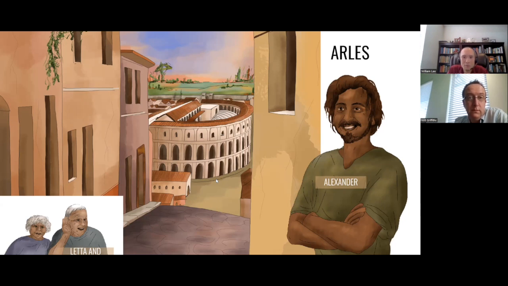But who's going to take care of the elderly if they don't have their own children? How do they take care of themselves? And to have Alexander, to have Sabina, is it a mutual relationship, right? Papilius and Letta are taking care of Sabina, but at the same time, Sabina is taking care of them. And so that diversity of character really can open up a lot of opportunities for some really meaningful discussion.